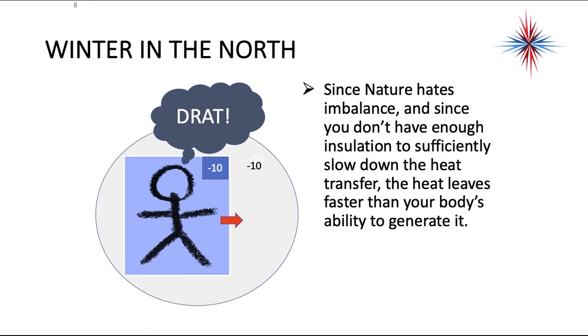Except, since there's still an imbalance, and you don't have insulation, the heat leaves faster than your body's ability to generate it. So you're still going to get cold because there's no insulation around this cardboard box. It's going to always try to migrate and cause a perfect balance between the environments.